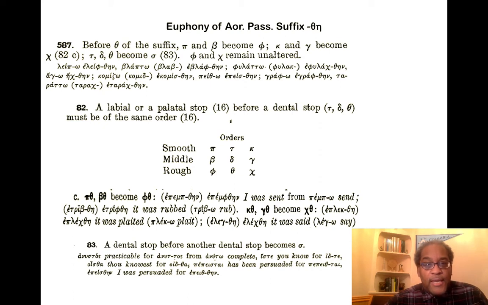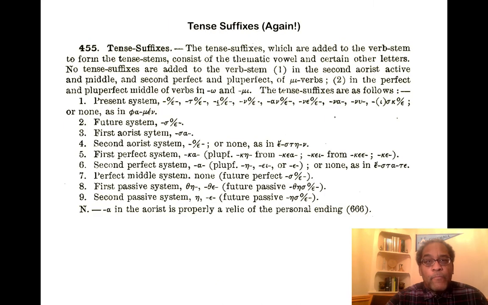So here in 82C, pi theta and beta theta become phi theta, kappa theta and gamma theta become chi theta, and thus you get the forms that are described. And regarding a dental stop before another dental stop, that stop will become sigma. So when you see the way these aorist stems manifest in the principal parts, you will see this euphonic rule very much at work. Okay?